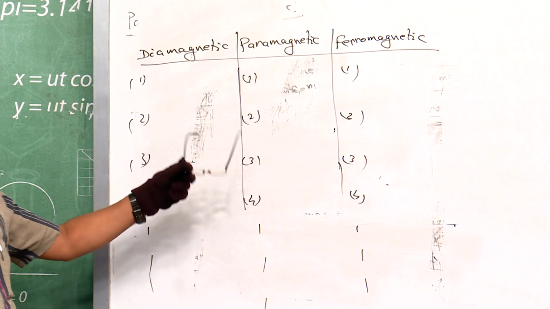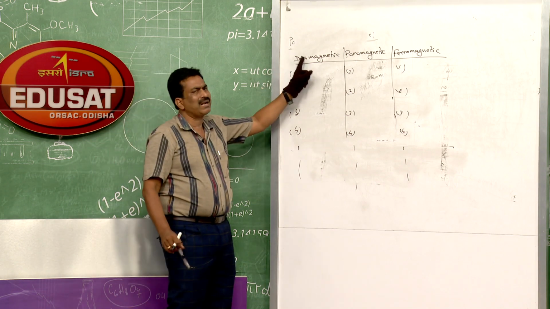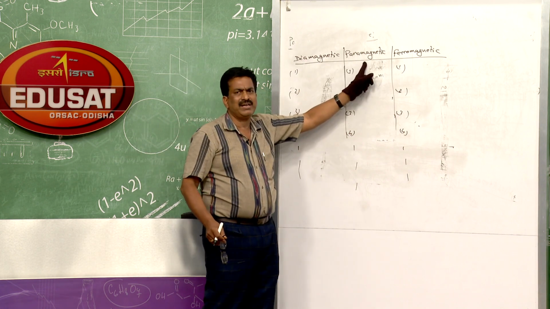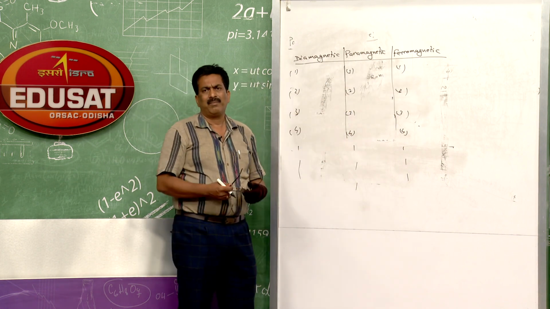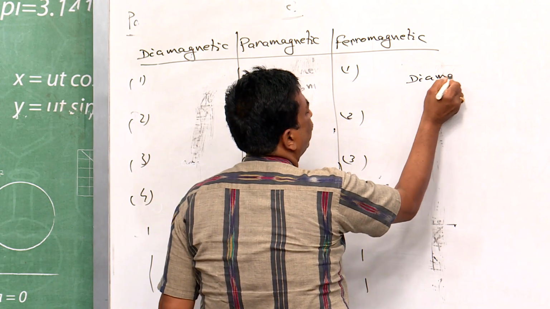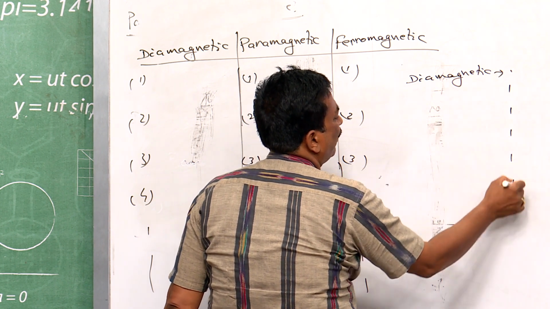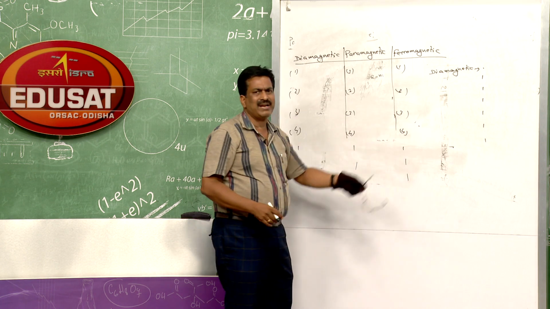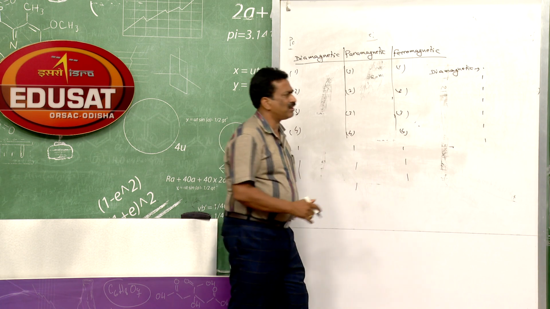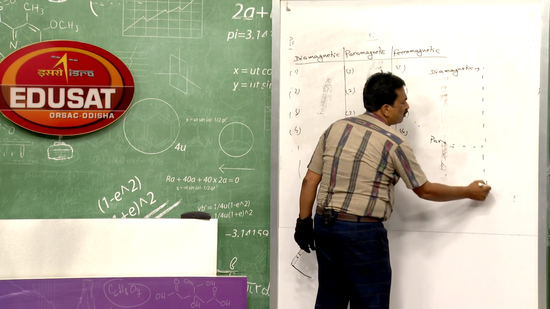If we write in this way in the notebook, it will be very clear what diamagnetic is, what paramagnetic is, and what ferromagnetic is. But most students write diamagnetic properties 1, 2, 3, 4, 5, and after the page is over, they switch to another page and write paramagnetic properties 1, 2, 3, 4, 5.